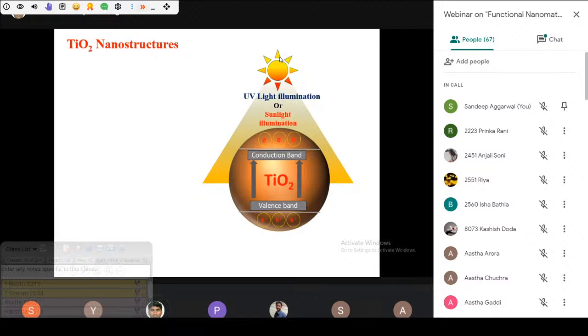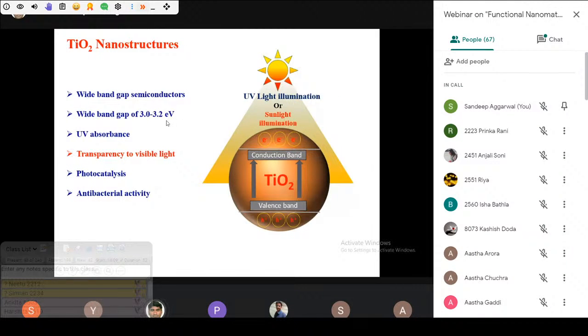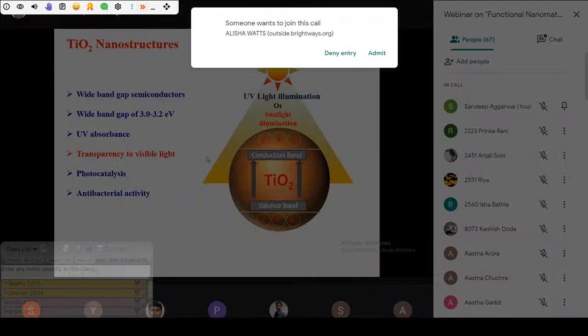When they are irradiated with radiation of wavelength equal to or shorter than that corresponding to the band gap, what wavelength do we need to excite these electrons? This much we know in semiconductors.